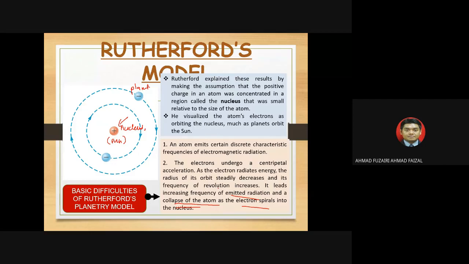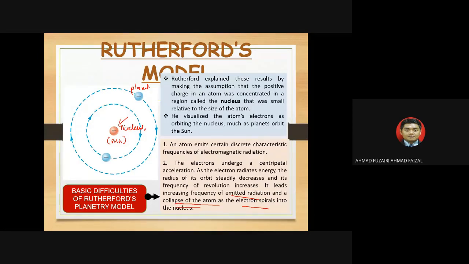So, when the electron moves at very high speed, the orbit that he tried to introduce will not be a stable orbit like this one. Instead, it leads to the collapse of the atom, and the electron will spiral. Why does the electron spiral?